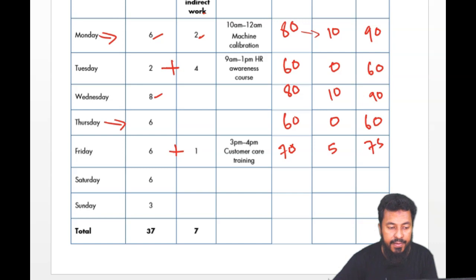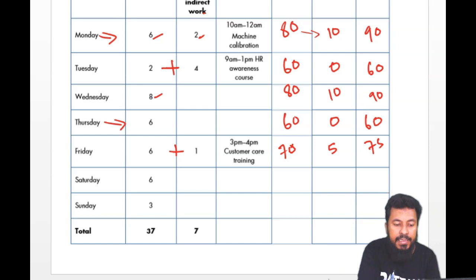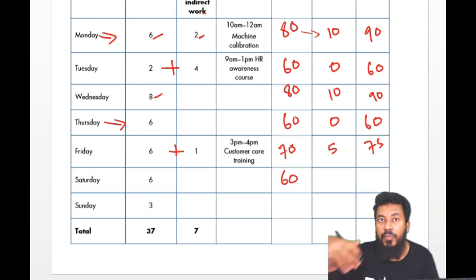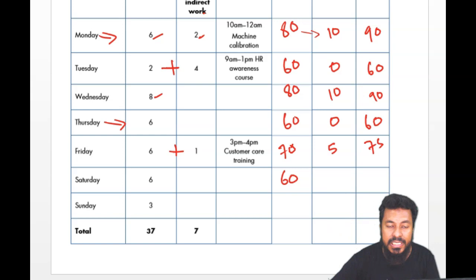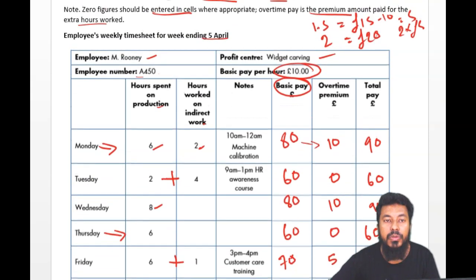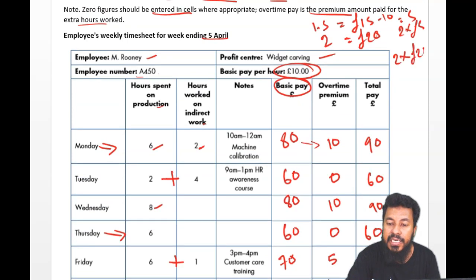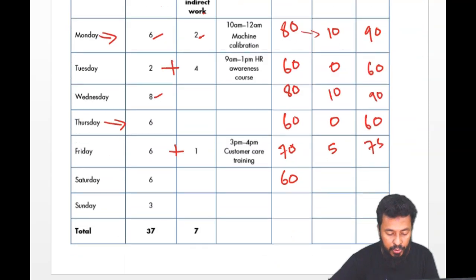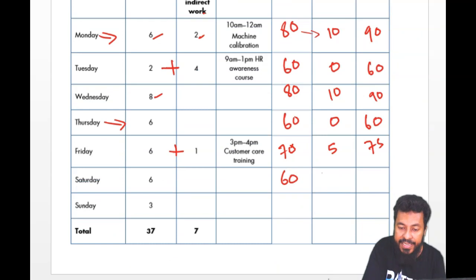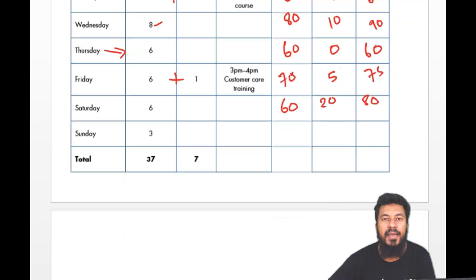Saturday is 6 hours worked. 6 times 10 is 60, but 2 hours extra are paid double, 2 times 20, so 60 and 20, altogether 80.